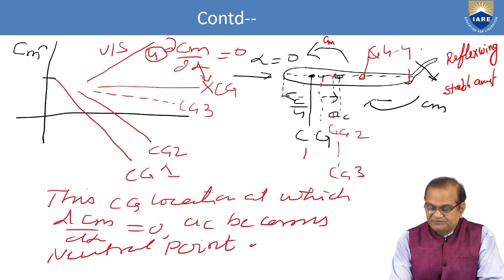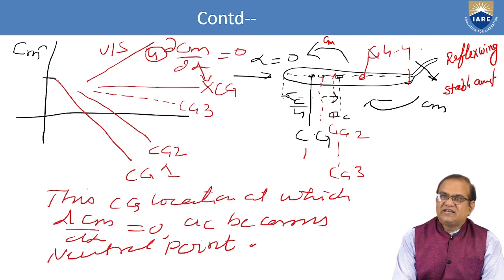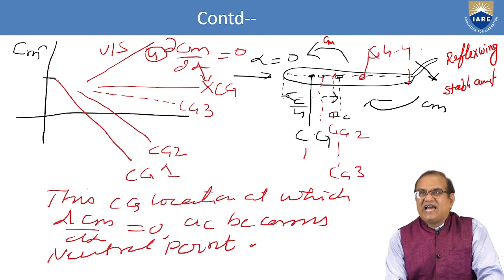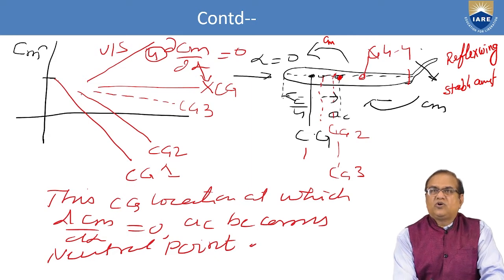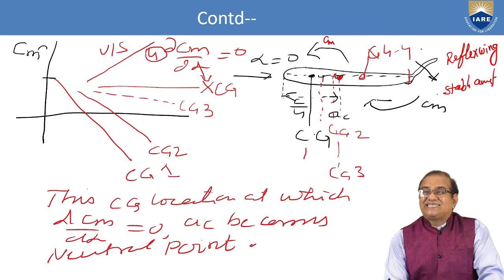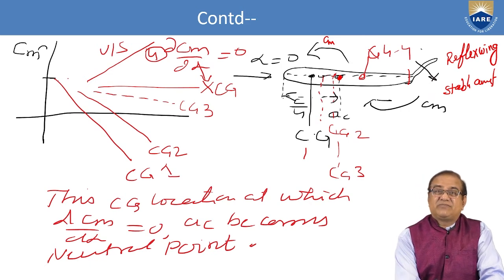Normally, if you see here, the CG position is here, position 1, then position 2, position 3. If your CG is located far ahead of this aerodynamic center, in this case this reflex is making Cm naught positive.